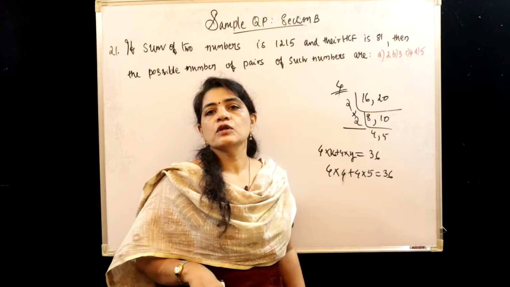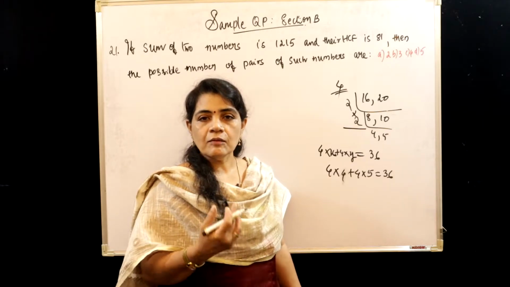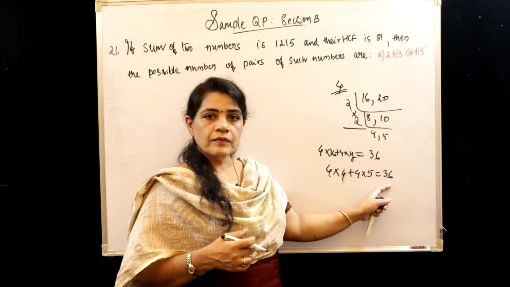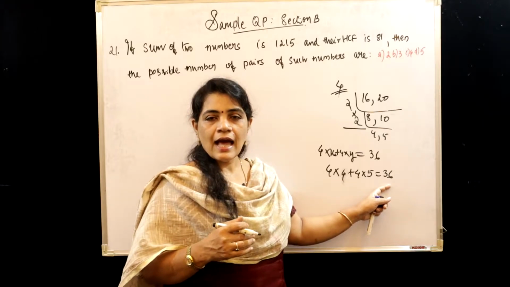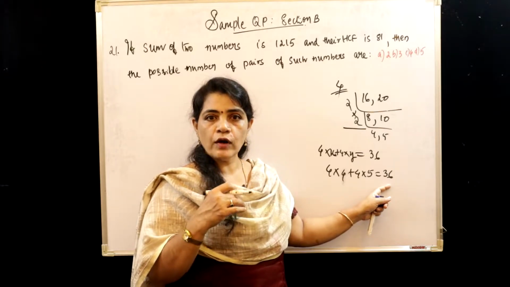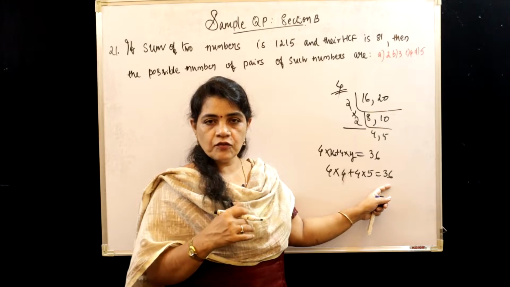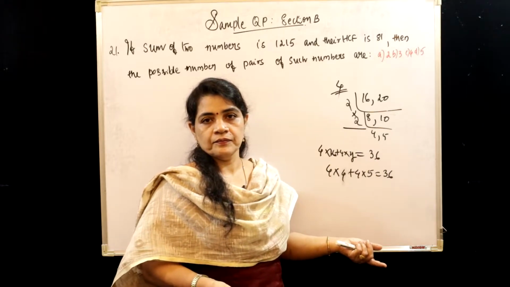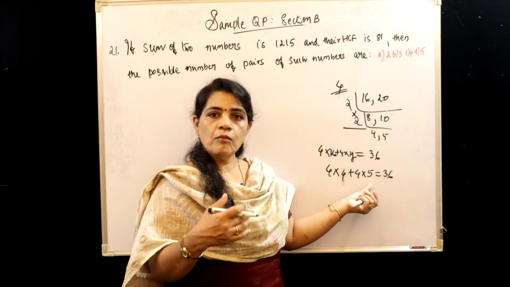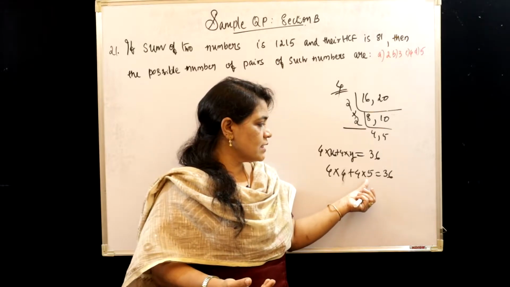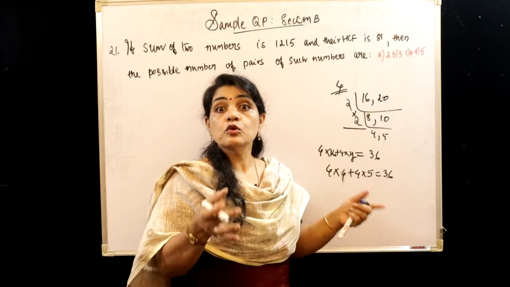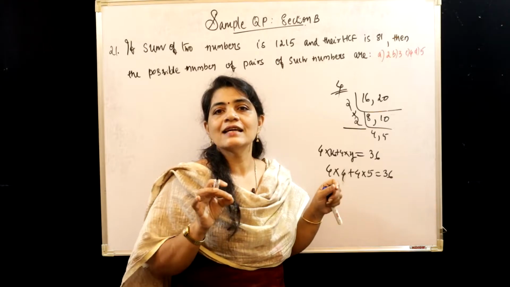Suppose those two numbers are x and y, so 4 into x plus 4 into y. You get this 36 provided those two numbers are multiplied with the HCF. That is 4 into 4 plus 4 into 5, which is equal to 36. That means this sum can be expressed as the sum of the product of HCF with a number plus the product of HCF with another number. Those two numbers we can take as x and y.